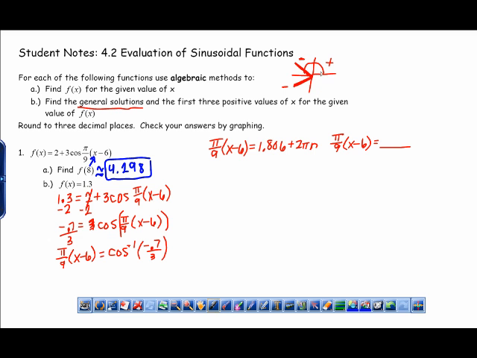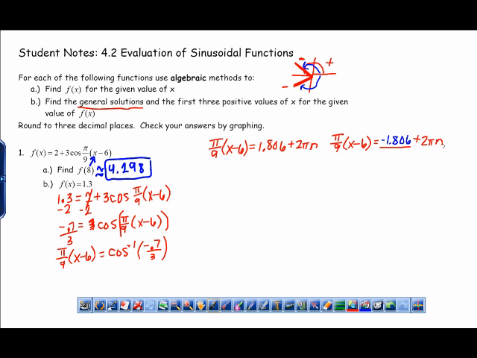From 0 to here was positive 1.806 radians. If I wanted to go to quadrant 3, the easiest thing really would be to go the back way, and that's going to be negative 1.806. We're going to talk more about this in class, so I don't want anyone freaking out while they're watching the video. Plus 2 pi n.